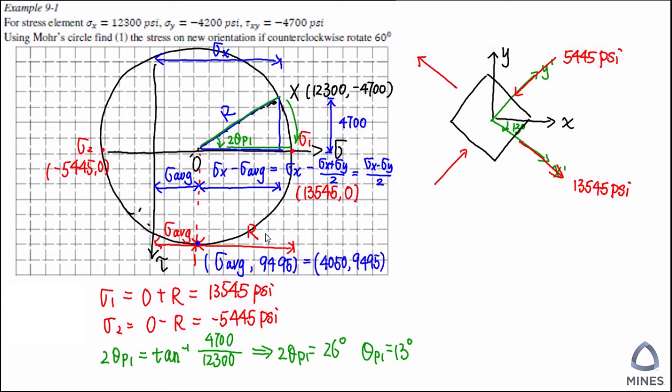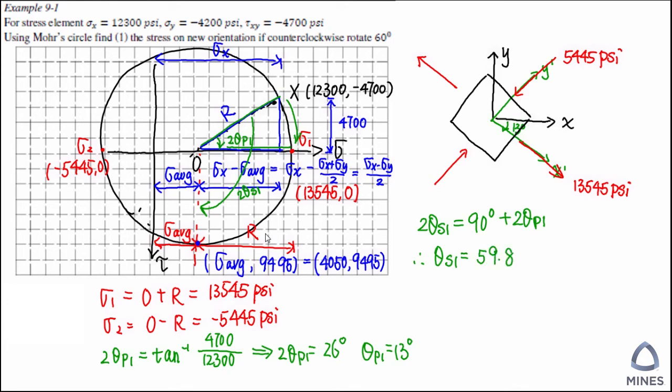So now how are we going to get the angle? We still go back to the OX line. We can see we need to rotate this angle here to reach the maximal shear stress point. So we call this angle 2 theta S1. Based on the geometry, we can see it's going to be 90 degrees plus 2 theta P1.